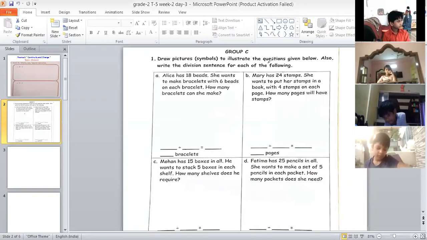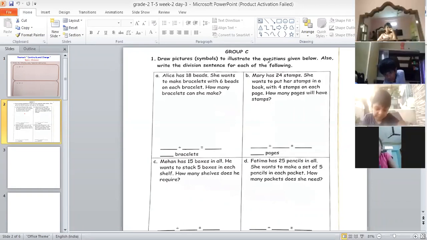Bracelet is what girls wear on their wrist, right? There should be 6 beads on each bracelet. Now they are asking how many bracelets can she make? I have told you to learn tables. So today we are going to use those tables.